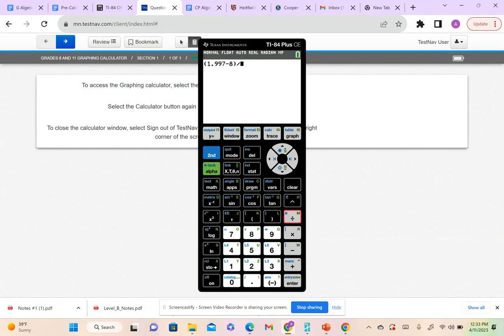Minus 8, divided by parentheses 1.997 squared plus 4. I'm just inserting that value in, and I'm going to find out what it equals. And we're going to round to the nearest thousandth. So how many decimal places is thousandths? 3. So this should be rounded to negative 0.752.